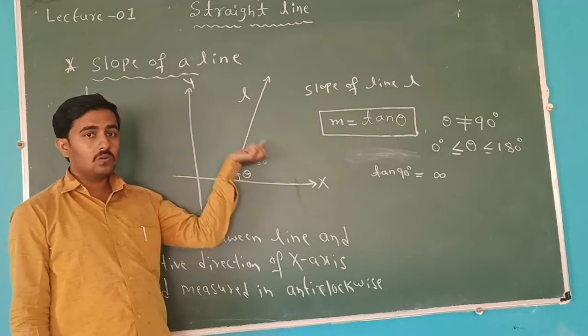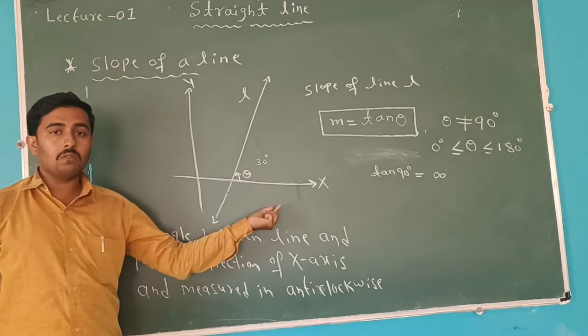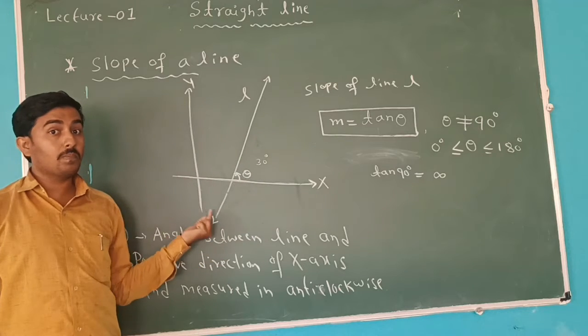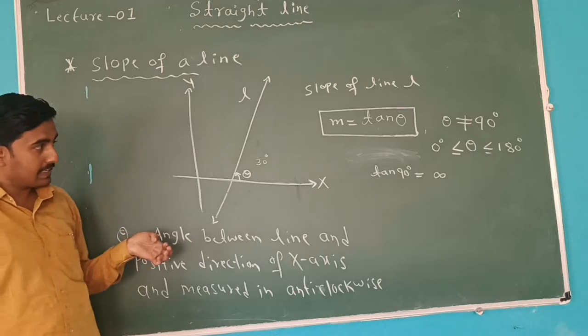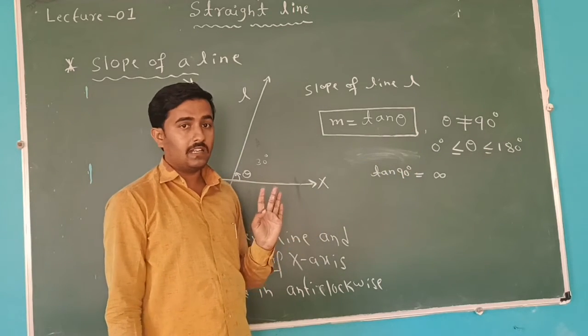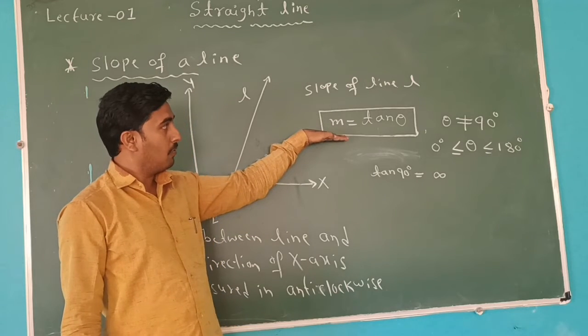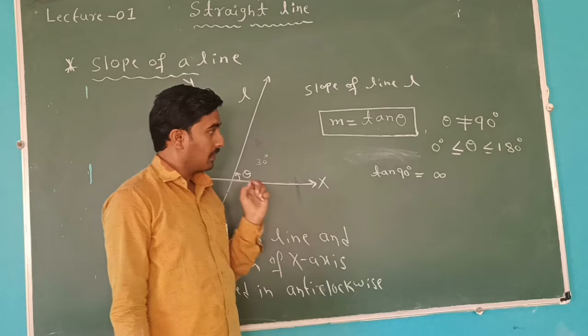After tan 0, tan 90, tan 180, the tan values repeat again. That is periodic. Therefore theta lies between 0 and 180 degrees and is not 90 degrees. So this is the formula to find the slope of a line.